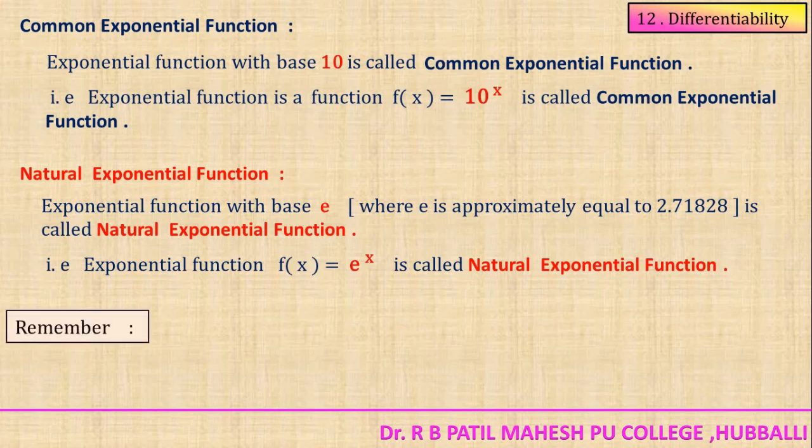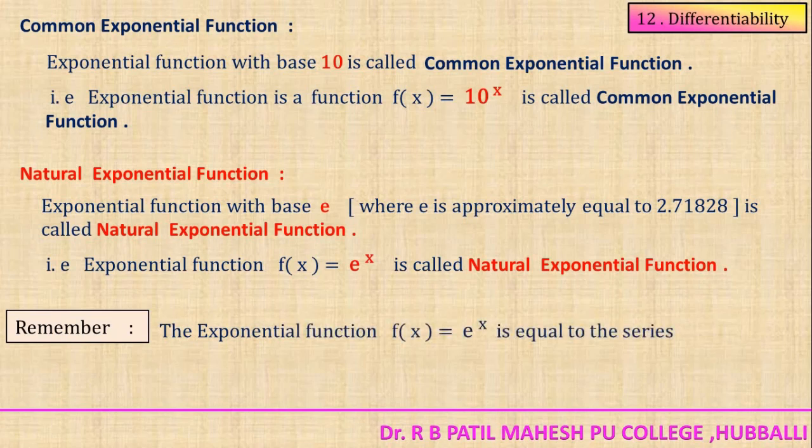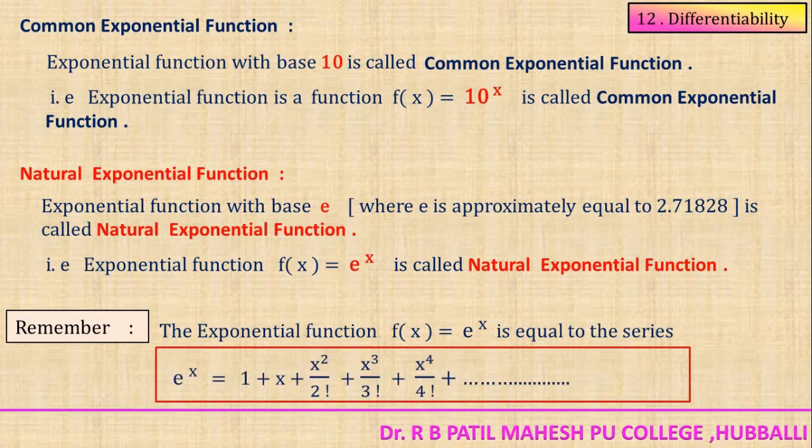So remember, here is one important point I would like to discuss. This exponential function e raised to x is equivalent to a series form, which I am giving you now. e raised to x is equal to 1 plus x plus x square by 2 factorial, plus x cube by 3 factorial, plus x raised to 4 divided by 4 factorial, and so on.